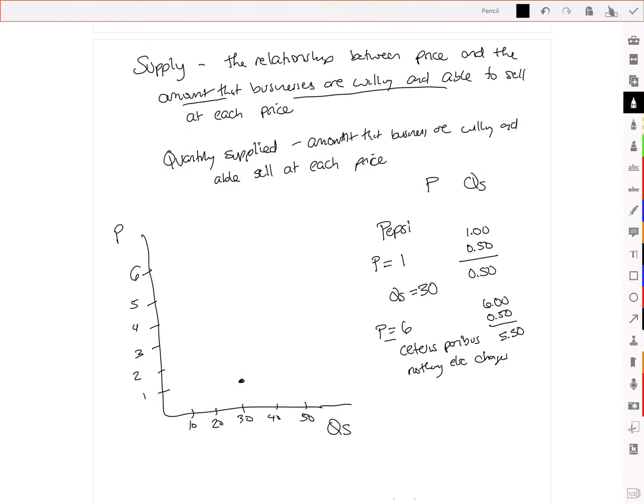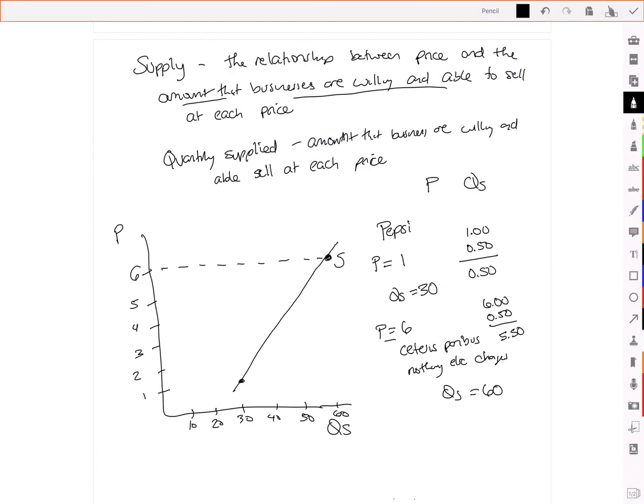Fantastic, huge profit margins. Makes Pepsi super happy. So now they're willing and able to sell even more at that higher price. So when the price goes up to, say, $6, maybe they are willing and able to sell 60 units.